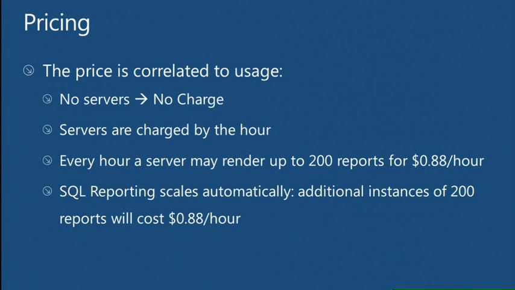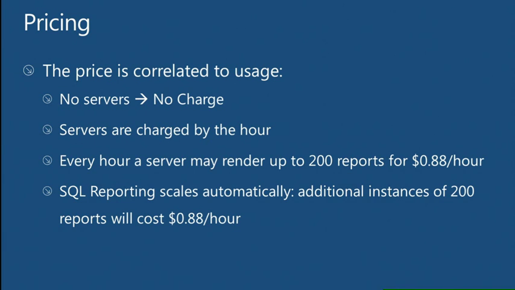Now a word about pricing. The pricing mechanism for paying for a report is by execution, so if you don't define any servers, of course, there's no charge. But for each server that you define in any one of the data centers, you're going to pay for every bucket of 200 reports per hour.